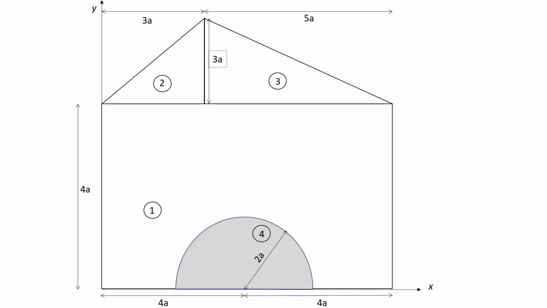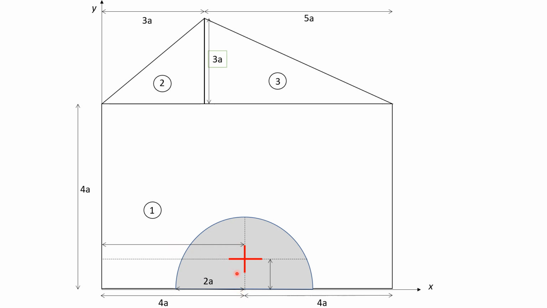The area 4 is equal to pi by 2 into the radius. The radius is 2a, squared. So we get the value of area 4. It is negative because this has to be subtracted from the whole figure. The centroid of the semicircle is already given, at a distance of 4a.